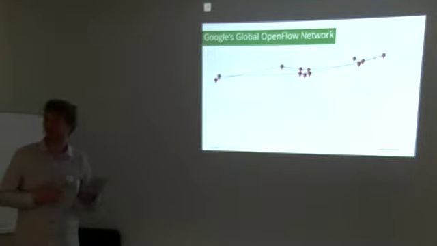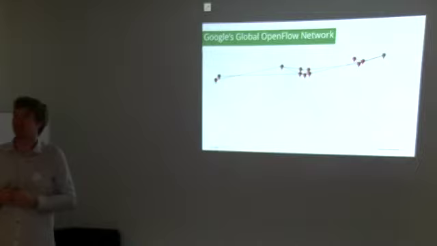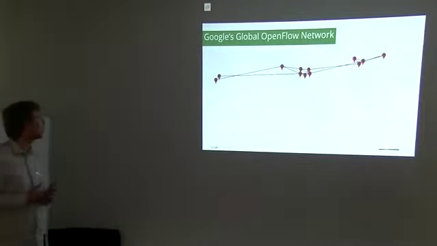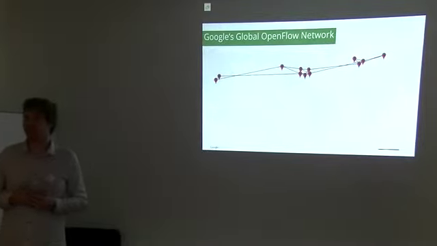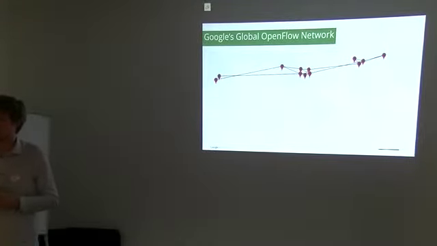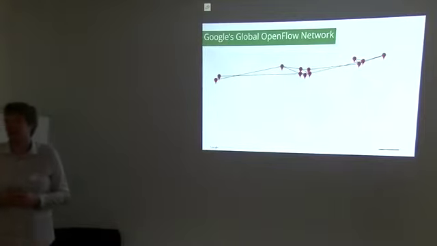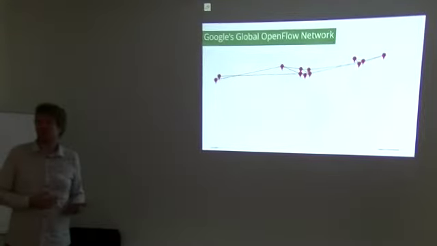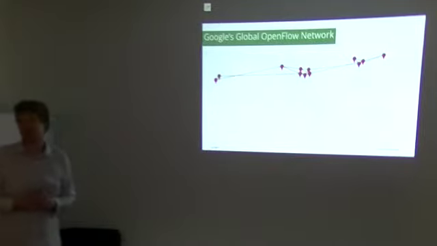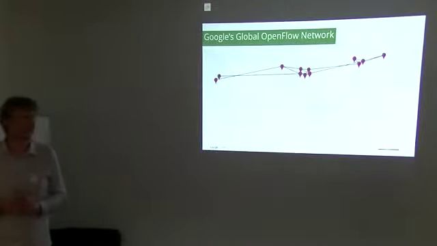So you can have a much higher usage of the network, and at the same time have less congestion in the network. We started building it a couple of years ago. OpenFlow is an open standard by Stanford University, and last year we publicized that we're using this, and it was a big surprise for people, because people thought, okay, this is very new technology, it's not ready for production yet, but we do run all our production traffic in between the data centers on it.